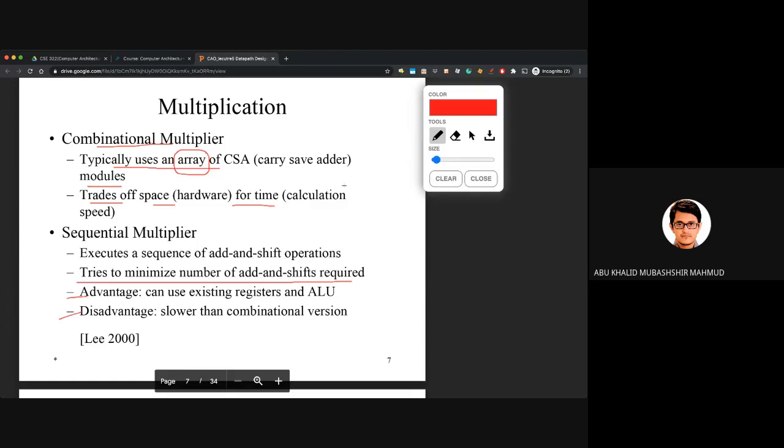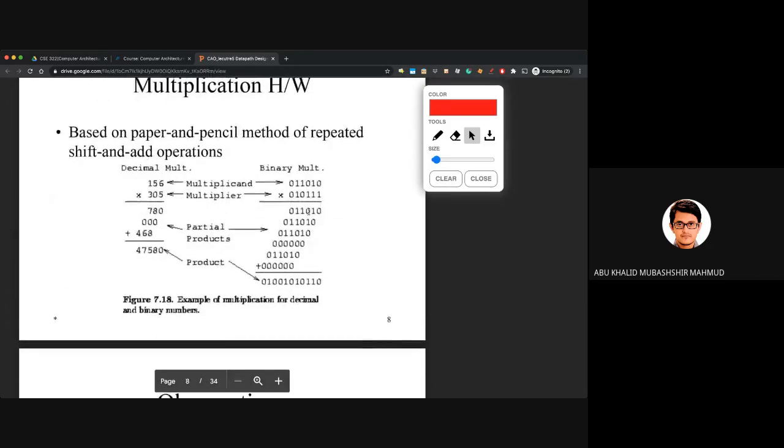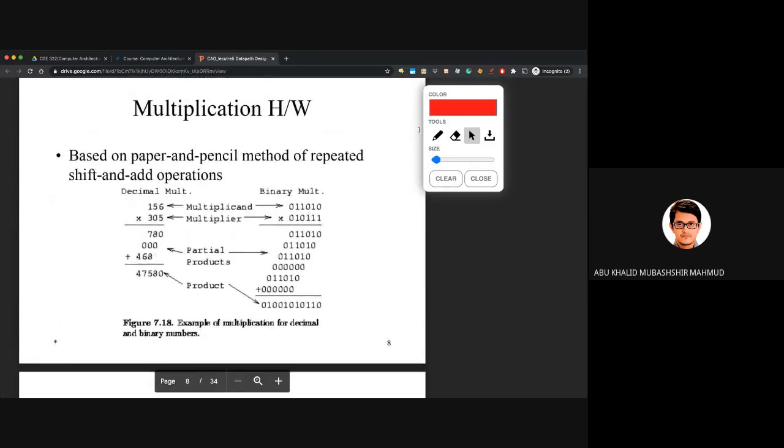So these are the topics of the sequential multiplier. Let's move on to the process. When we consider the case of decimal multiplication, we multiply 156, the multiplicand, with this digit first and get this result.